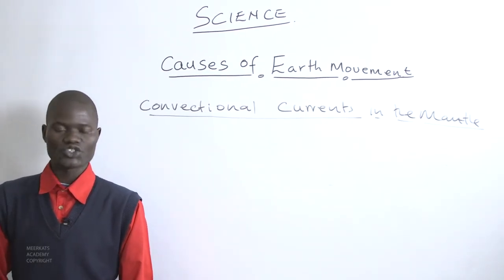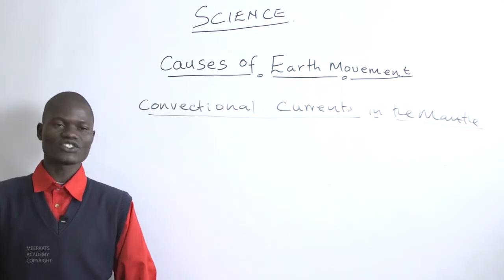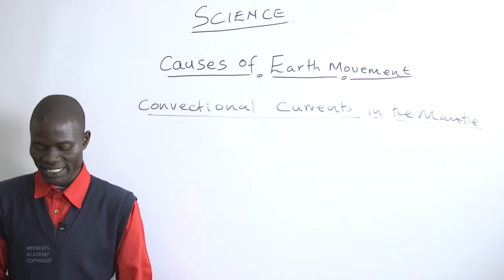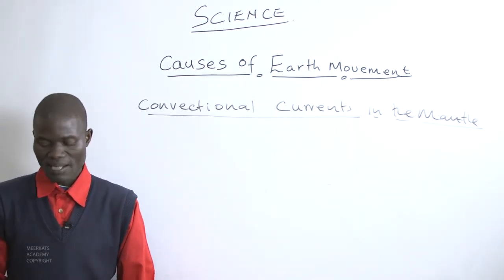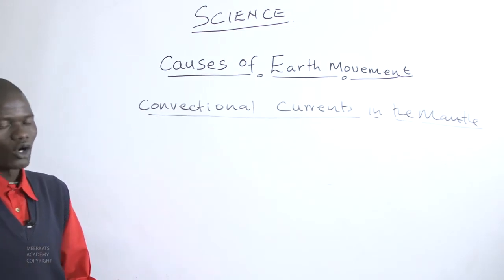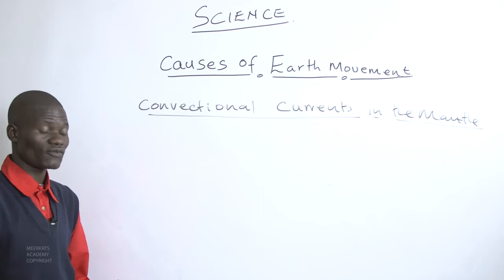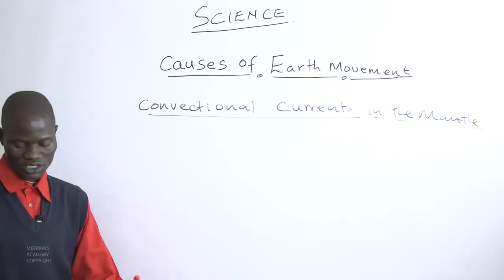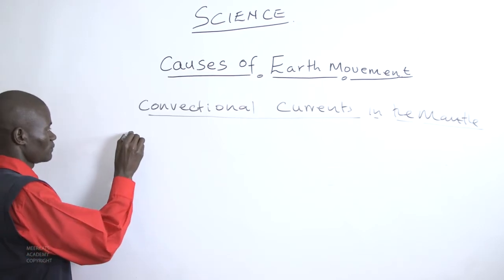And these currents may cause a frictional drag on the overlying rocks of Sima, or the crust of rocks, making them move horizontally. And that has been generated by a tectonic force. Therefore, it is the one that is going to create a horizontal earth movement.